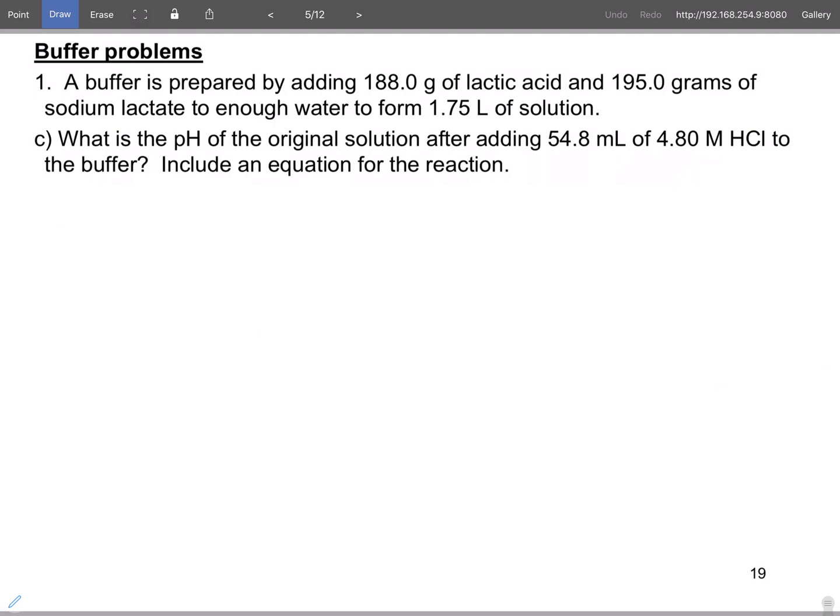But remember back to the previous section, if we have an acid, the acid is going to react with the base form to produce the weak acid back. That's the net effect.